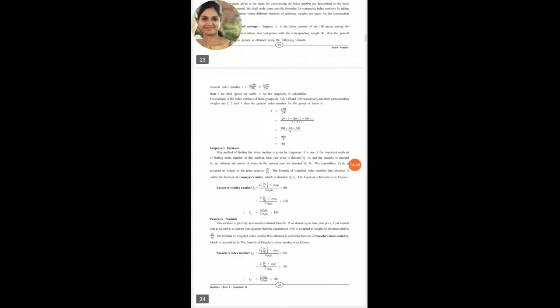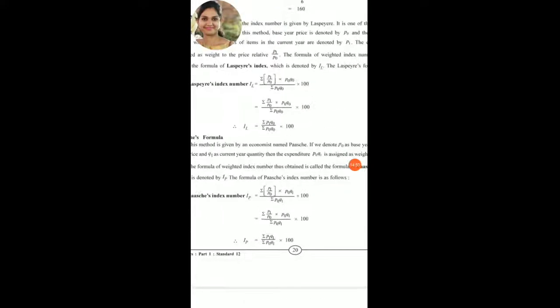Okay. See the next method, Paasche's formula. What is Paasche's formula? Paasche's formula is denoted with IP. P means Paasche. Sigma P1 Q1 upon sigma P0 Q1 into 100.